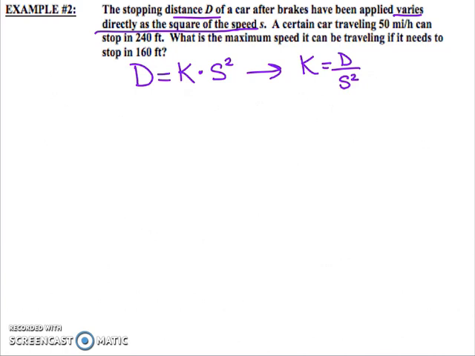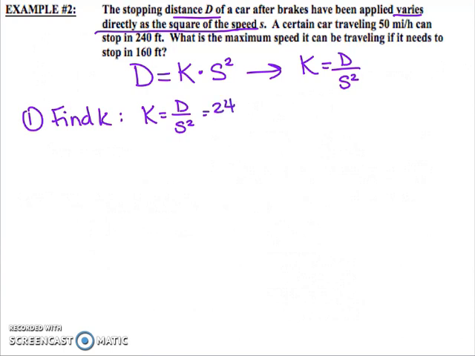What is the maximum speed it can be traveling if it needs to stop in 160 feet? So this is kind of a three-step problem. Before we can do anything, our first job is we have to find our k value. And our k value is going to be equal to, and this is where we use the information from the problem, it can stop in 240 feet. So our distance divided by our speed squared.